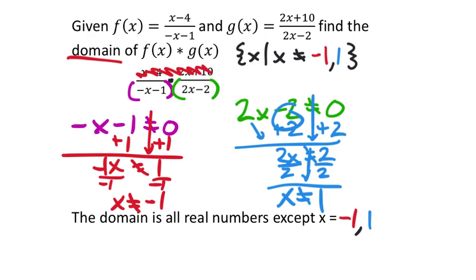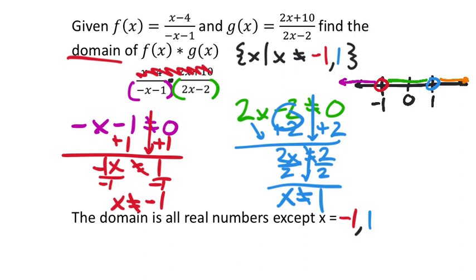But I'm going to show this in interval notation. When I need interval notation, I like to have number lines. So I have 0, and to the right would be 1, and to the left would be negative 1. These values are not included, so I'd have an open circle at negative 1 and an open circle at 1. Everything to the left of negative 1 is good, everything between negative 1 and 1 is good, and everything to the right of 1 is good.